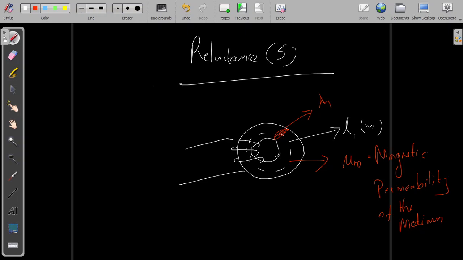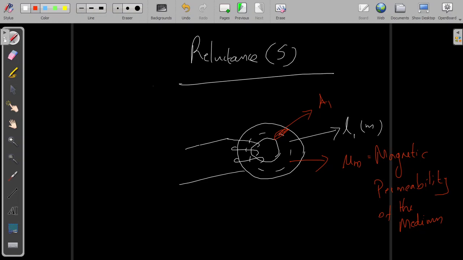Its measure is what is meant by magnetic permeability. That means if magnetic permeability is high, it easily allows the traveling of the magnetic flux lines, like our iron.